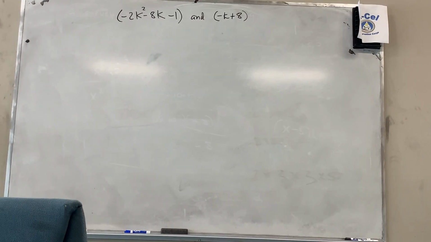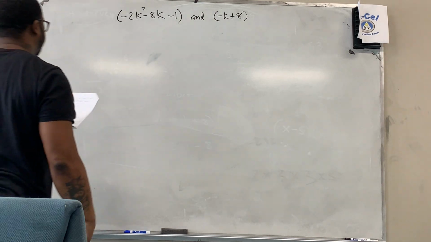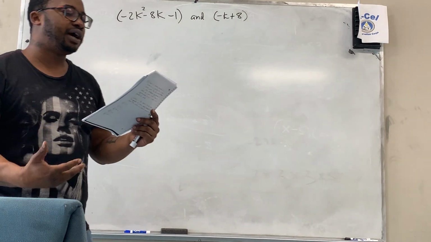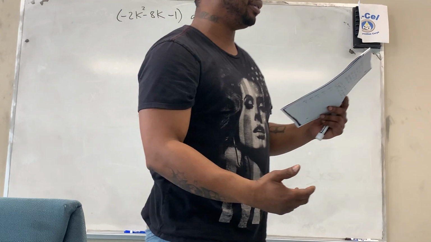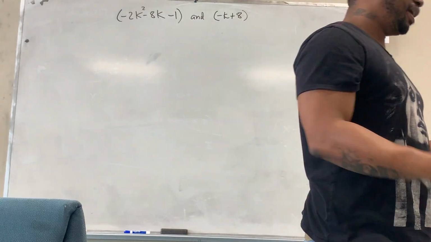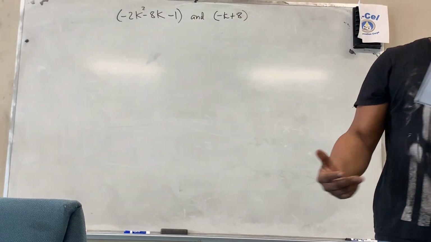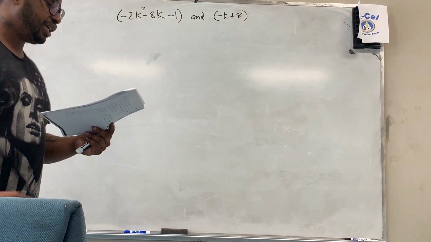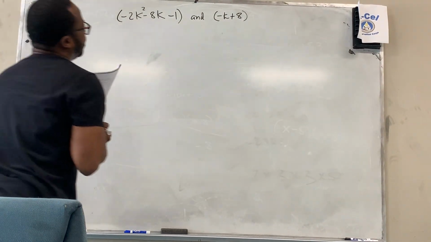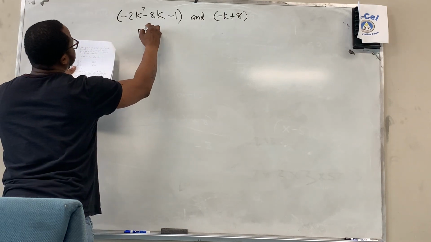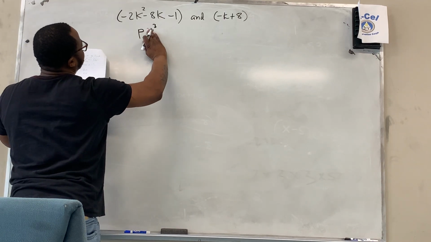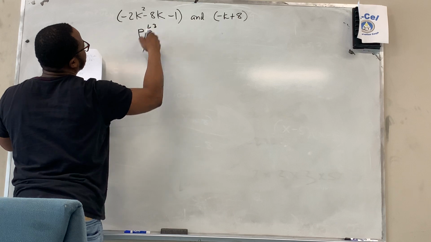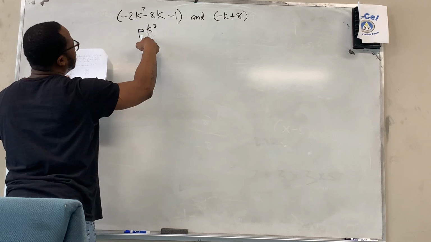So if you're looking at the sheet, your question sheet that I gave you, you have number 17. It says the product of minus 2k squared minus 8k minus 1 and minus k plus 8 can be expressed as p k to the third, and they want it in this form. For this instance, we're going to say k because it's just a variable, whatever variable you're using.